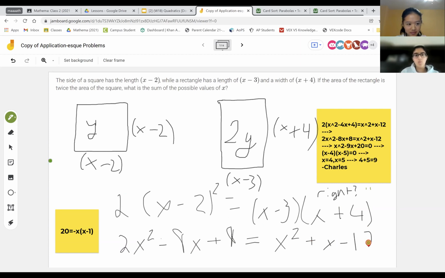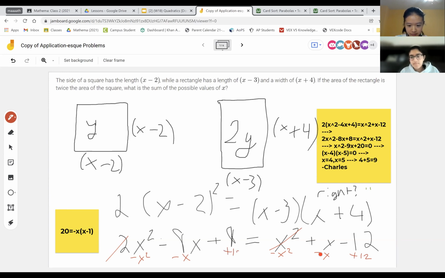So we want to find the sum of all possible values of x. So let's get this into a quadratic equation, find the roots, and then add them together, right? So we subtract x squared from both sides, so it would just be x squared on the left side, and the x squared wouldn't exist on the right side.